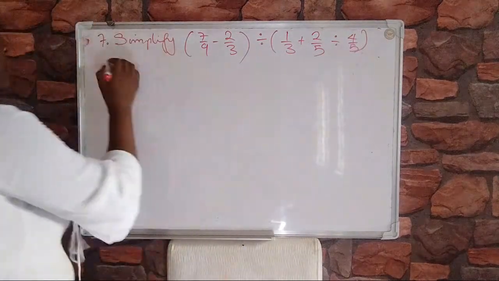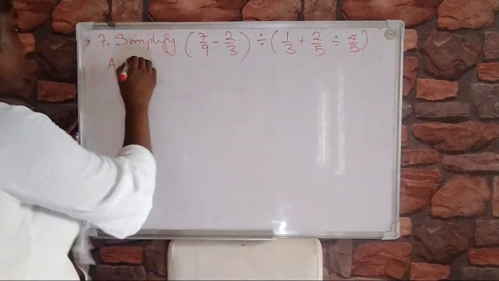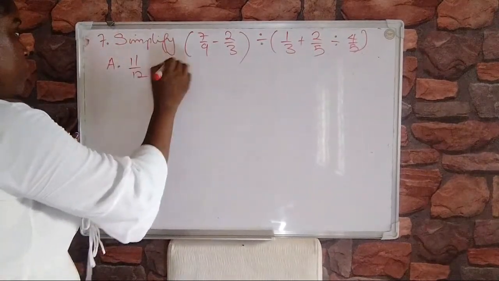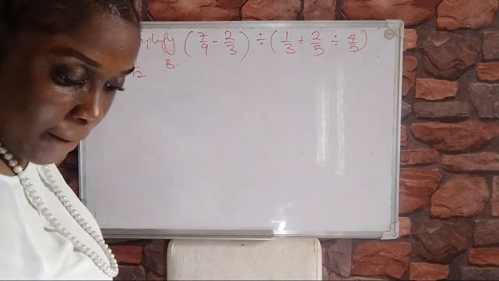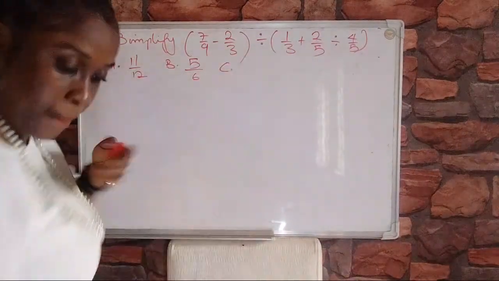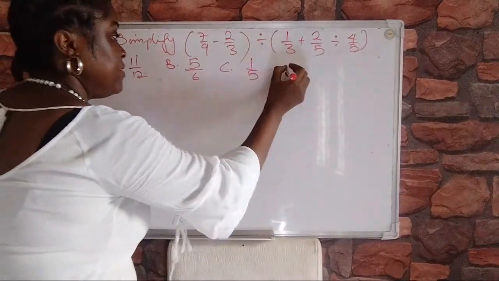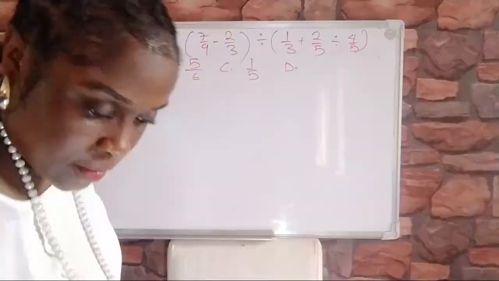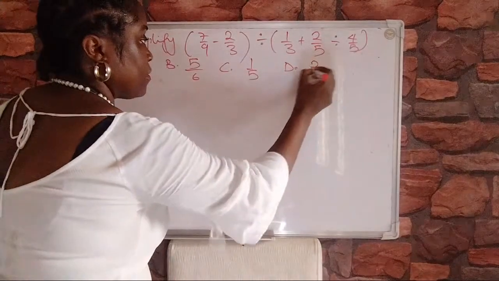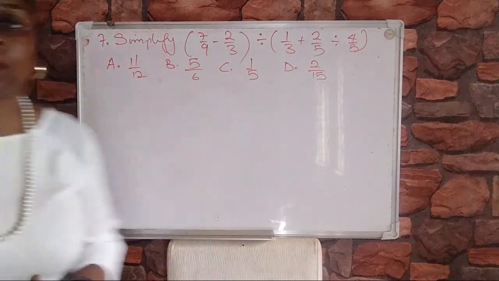Now our options: A, 11 over 12; B, 5 over 6; C, 1 over 5; and D, 2 over 15. Okay?